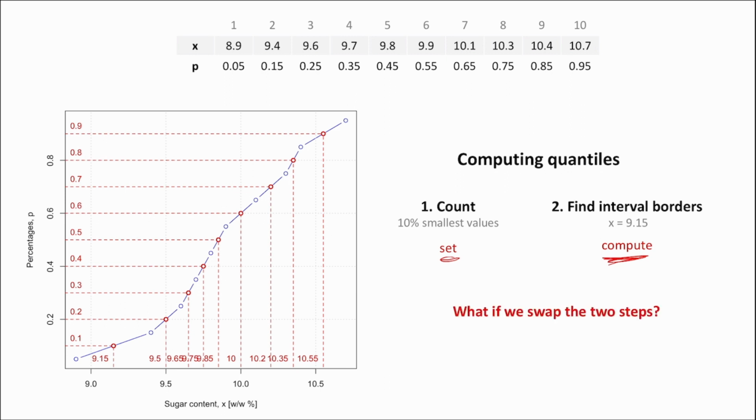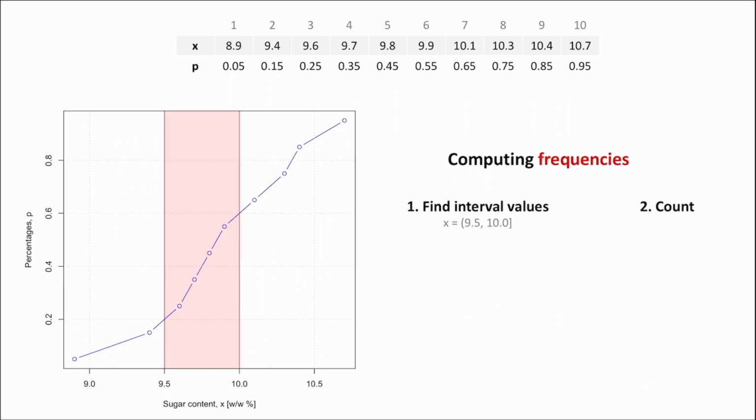Now, what if we swap these two steps? What if we set boundaries in the values range and compute the corresponding boundaries in the percentage range? Let's try to do that. Let's say we would like to find how many values we have between 9.5 and 10 grams of sugar.